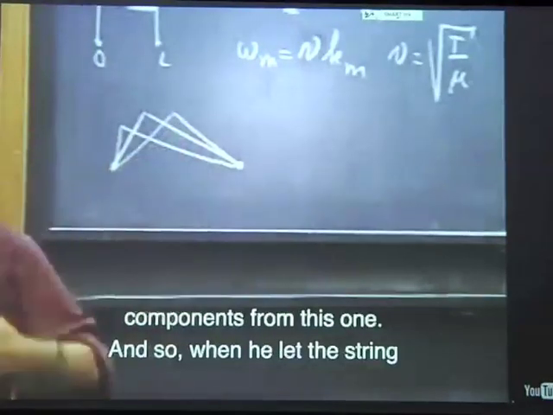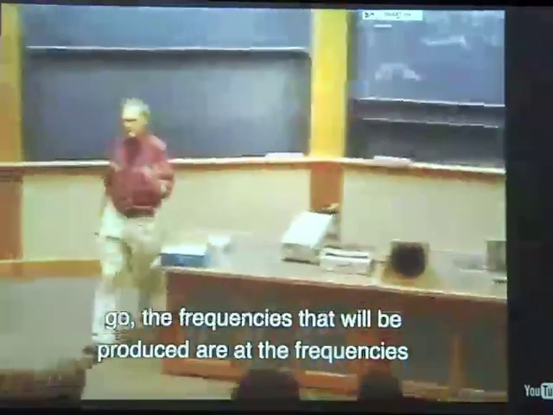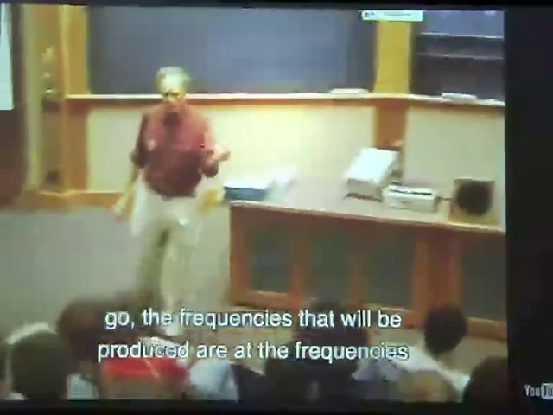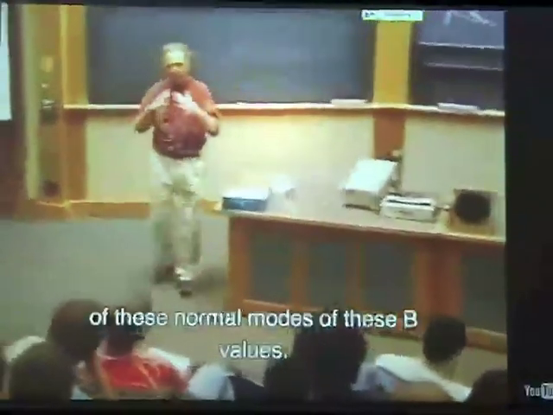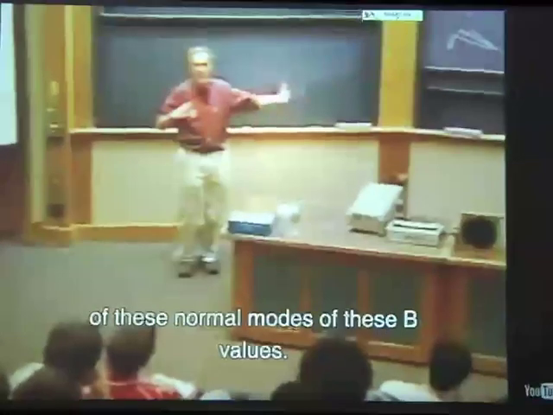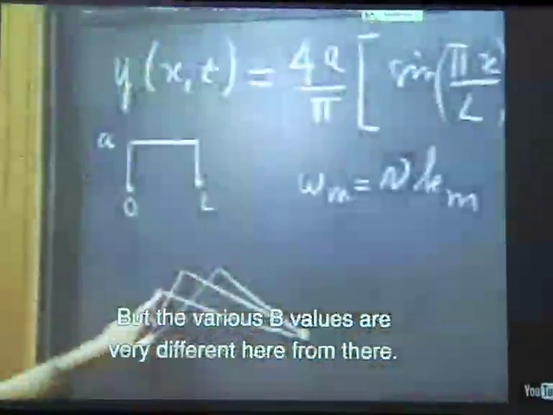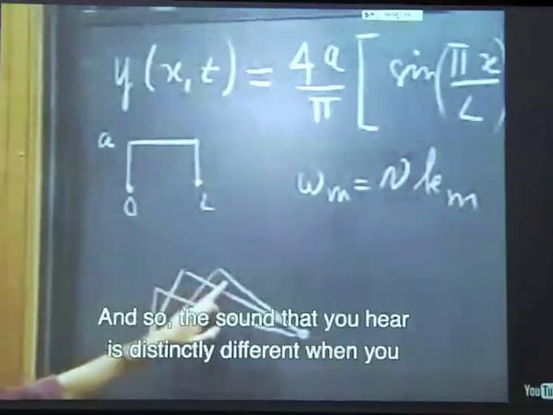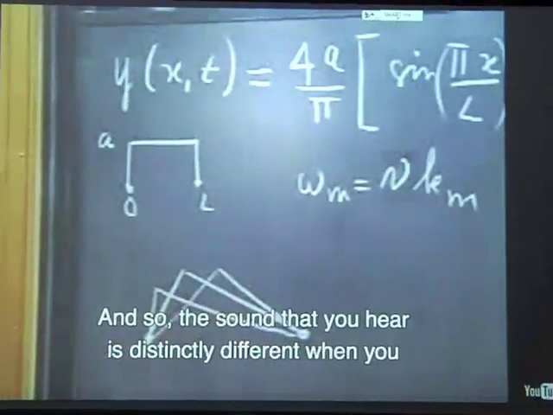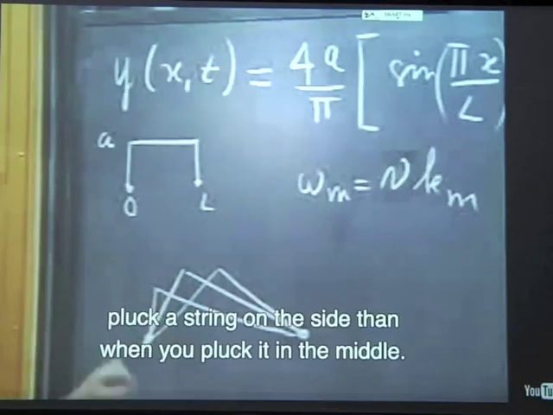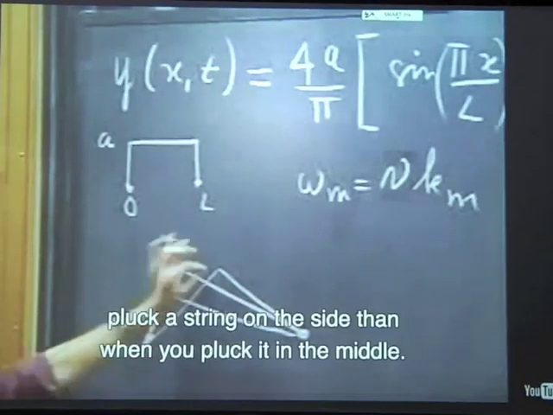And so when you let the string go, the frequencies that will be produced are the frequencies of these normal modes, of these B values. But the various B values are very different here from there. And so the sound that you hear is distinctly different when you pluck a string from the side than when you pluck it in the middle.